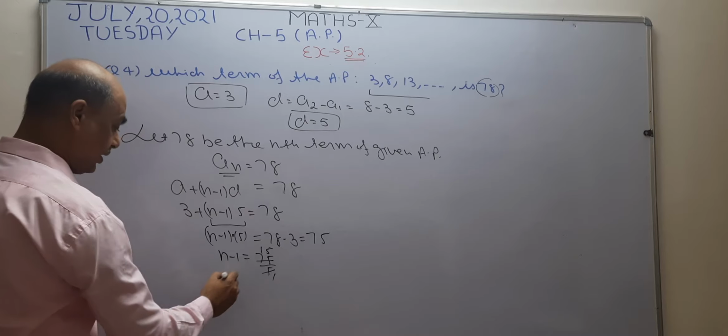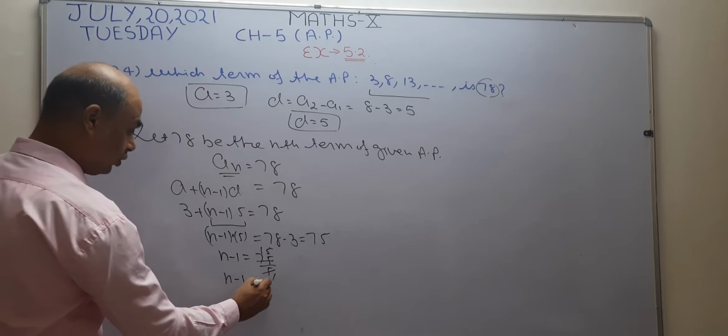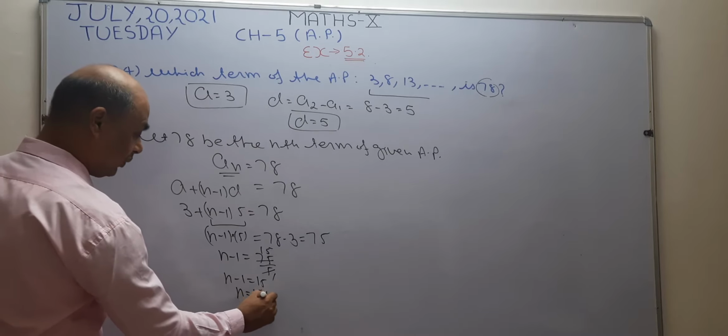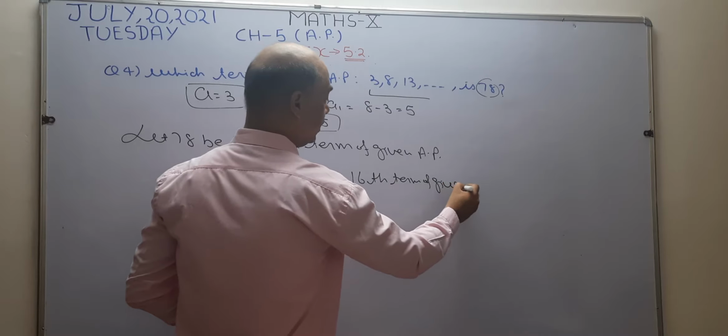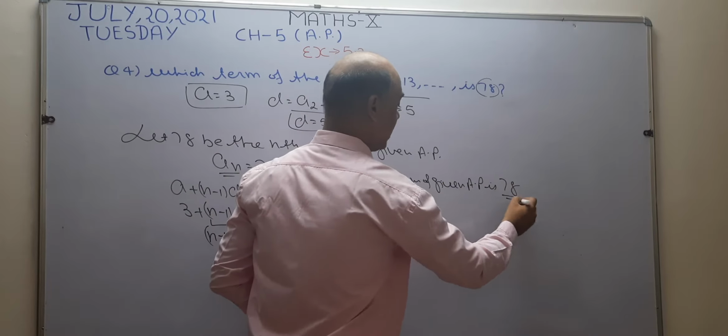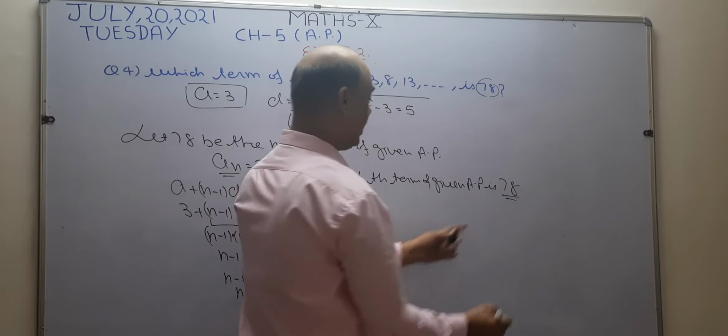So n minus 1 is equal to 15. So the value of n becomes 15 plus 1, which is equal to 16. So n is 16. Therefore the 16th term of the given AP is 78. 78 is the 16th term of the given AP. This is the answer to this question. Okay.